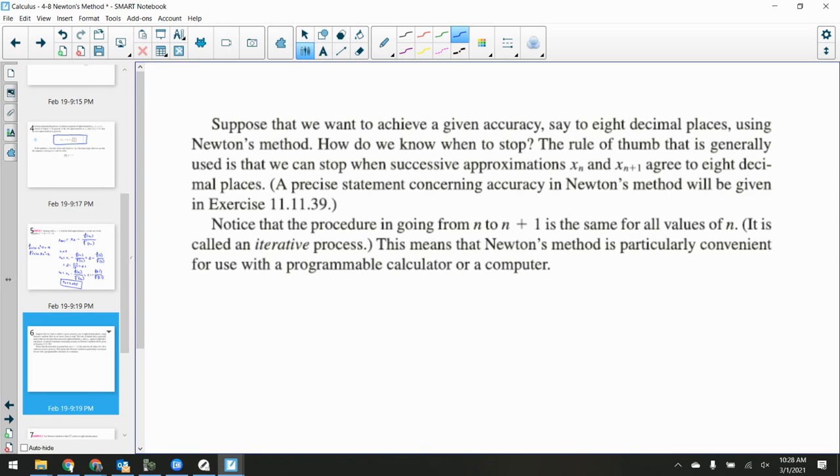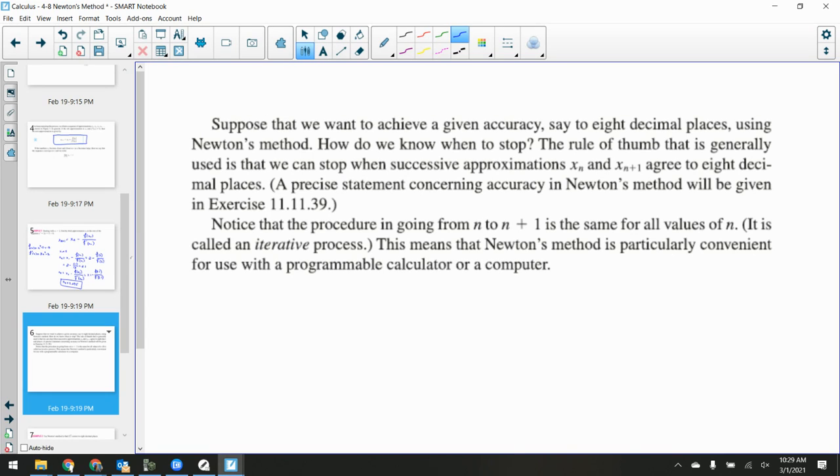In the homework, some say to achieve 4 decimal places, and this one says 8 decimal places using Newton's method. How do you know when to stop? When you calculate x sub n and x sub n plus 1, and they are the same out to the 8th decimal place, that's when you stop. You round off the rest, correct to 8 decimal places.